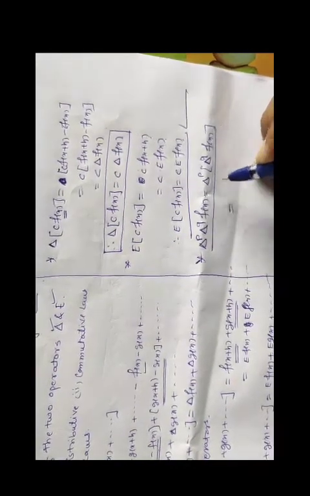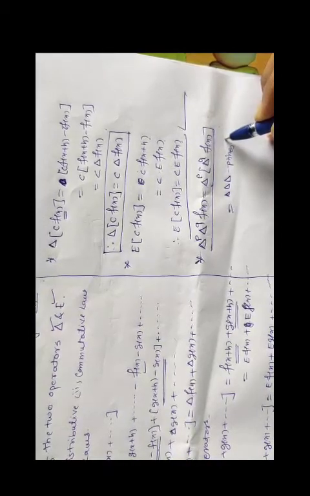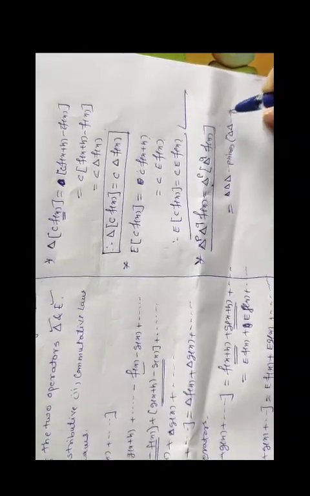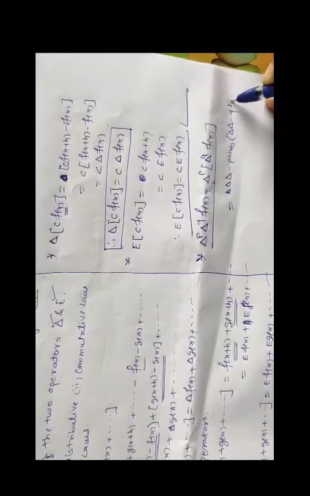Delta is applied p times, and delta is applied q times, so we can write delta power p plus q times, and there is f of x.